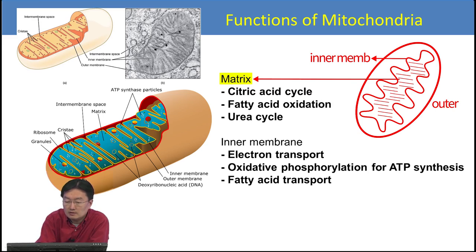Inside the matrix, the citric acid cycle occurs. The citric acid cycle is the second phase of glucose oxidation. Furthermore, fatty acid will be oxidized, and there is another very important cycle, the urea cycle. This metabolic pathway is very important for protein degradation.